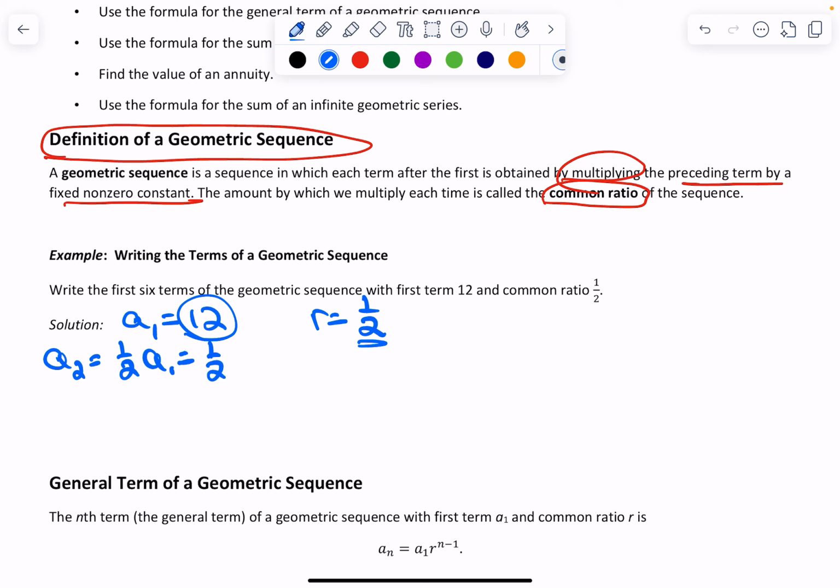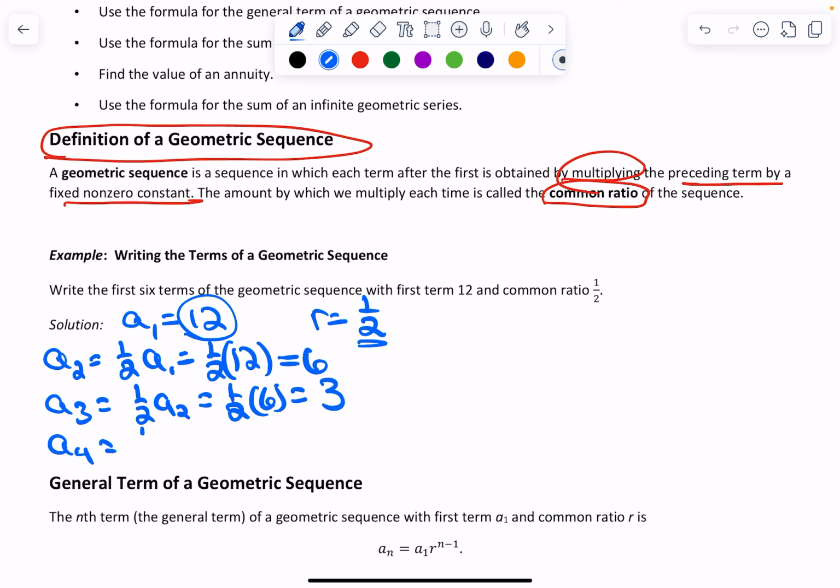So half times 12, which is 6. Our third term is going to be half times the second term. So half times 6 is 3. Fourth term is going to be half times the third term. So half times 3, and that's 3 over 2.